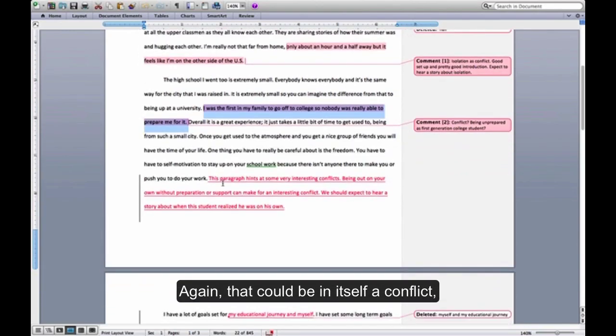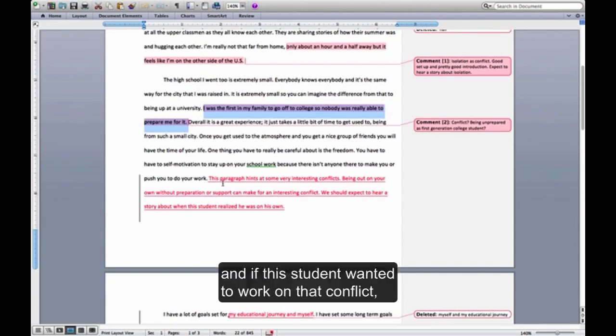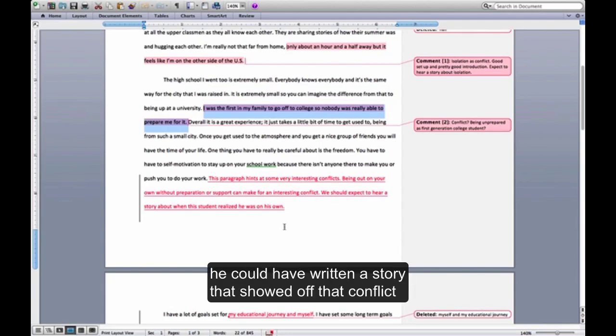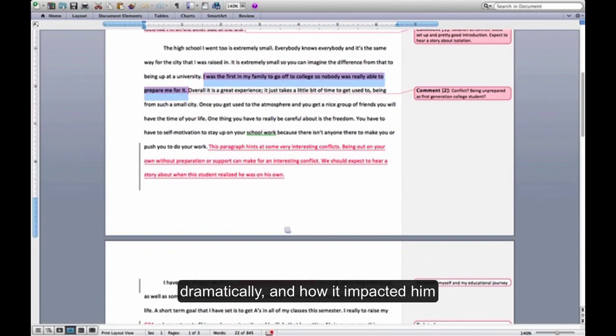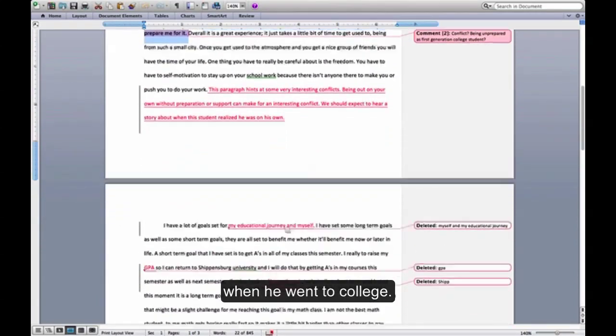Again, that could be in itself a conflict. And if this student wanted to work on that conflict, he could have written a story that showed off that conflict dramatically and how it impacted him when he went to college.